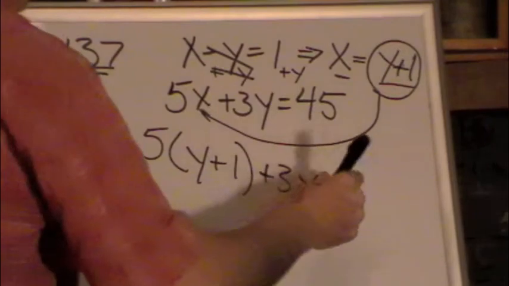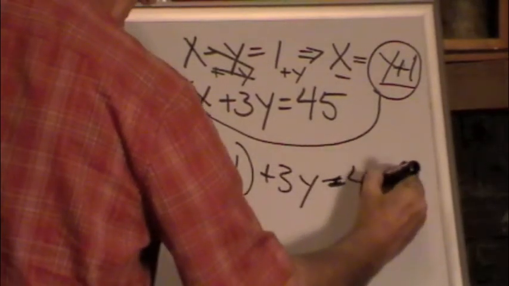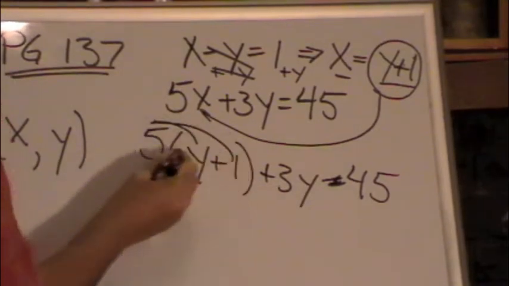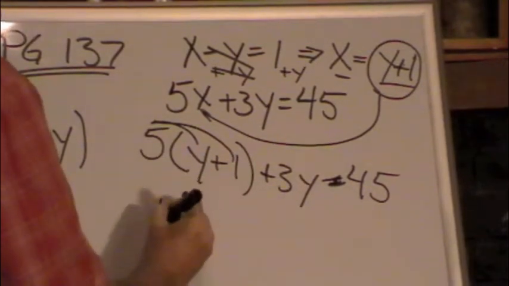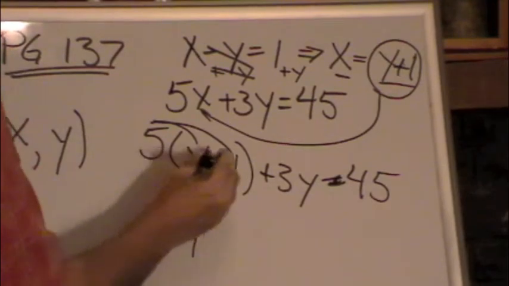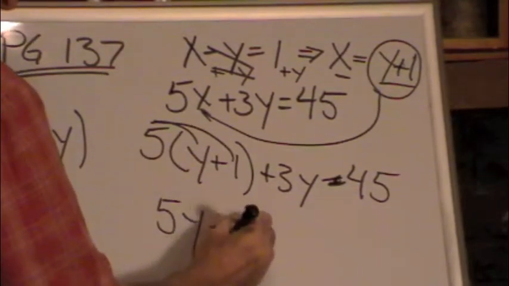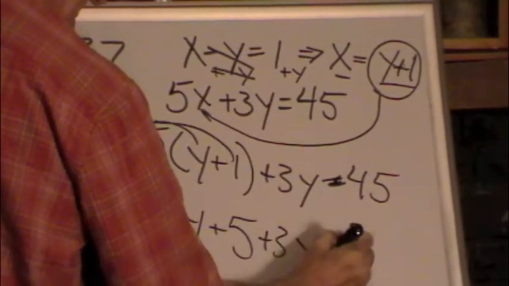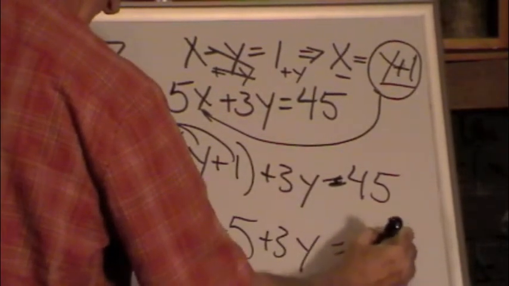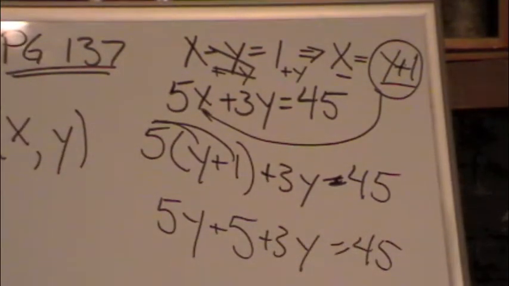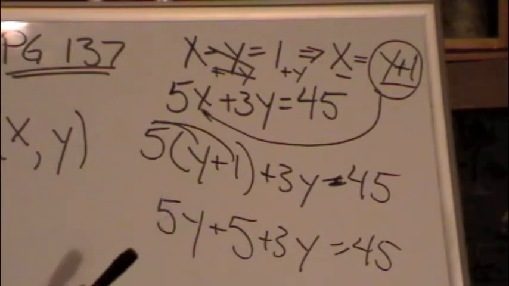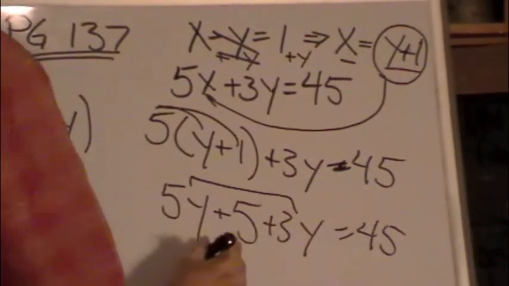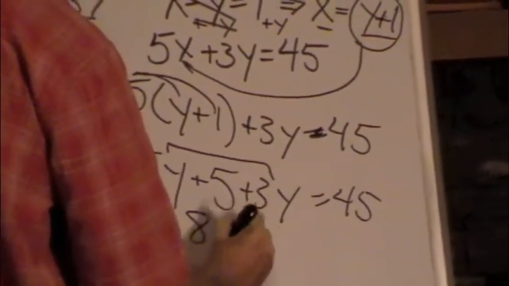Now, the distributive: 5 times y is 5y. 5 times 1 is plus 5, plus 3y equals 45. How you doing? See how I did all that? Now what's 5y and 3y? Of course, 8y.